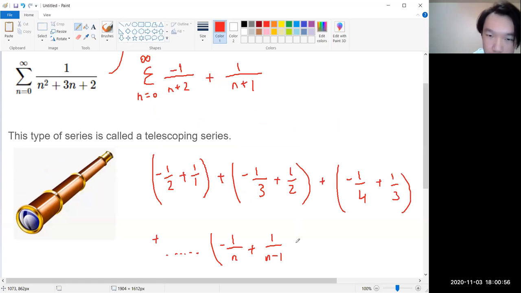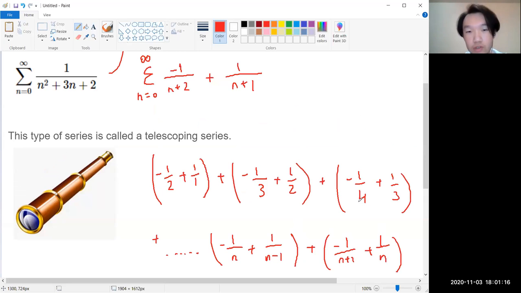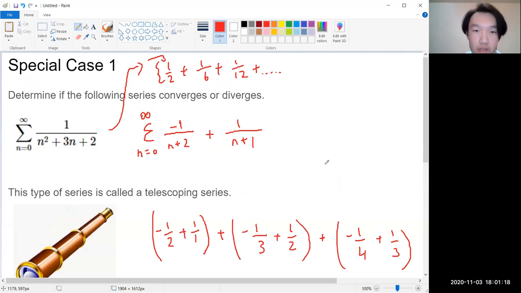Yes, that is correct. So that would be the nth term. And then can you go to the next term after that? The n plus 1 term. Negative 1 over n plus 1 plus 1 over n. Yes. Okay, so this is generally how the series looks.